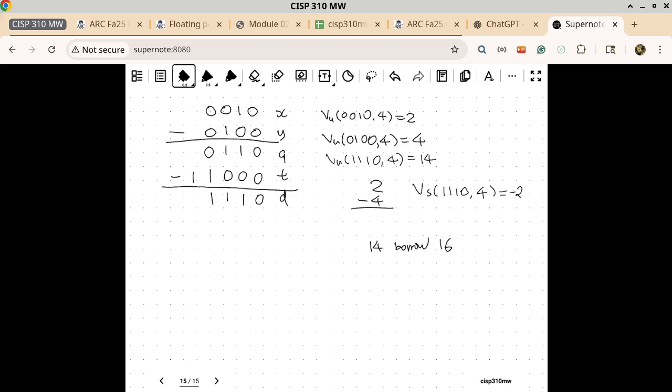All right. So right away, I'm using notations that we talked about in the previous class, which is VU, VS. So do you guys remember what they represent? Okay. So VU is the unsigned interpretation of a bit pattern, and then VS is the signed interpretation of a bit pattern.